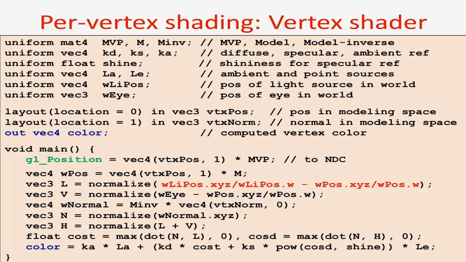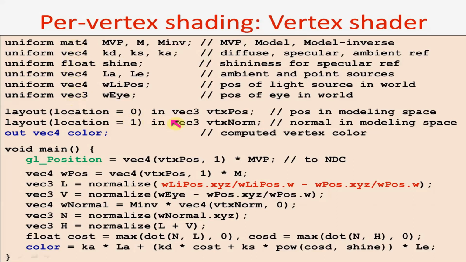As illumination happens in world space, the shader also needs the material properties and light source parameters, as well as the position of the eye, which is used to determine the viewing direction. These are the uniform parameters of the vertex shader.